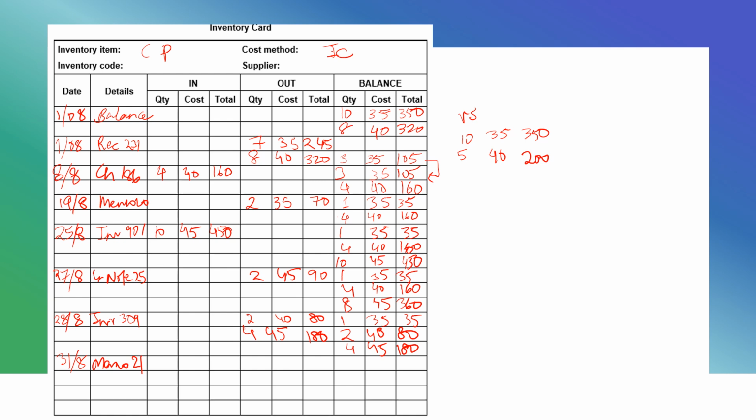So it says 1 at 35 and 2 at 45 is missing. So we're left with 2 at 40 still. And the 35 one's missing, so that's gone. And we're left with 2 at 45, 90. And that's the end of our inventory card.